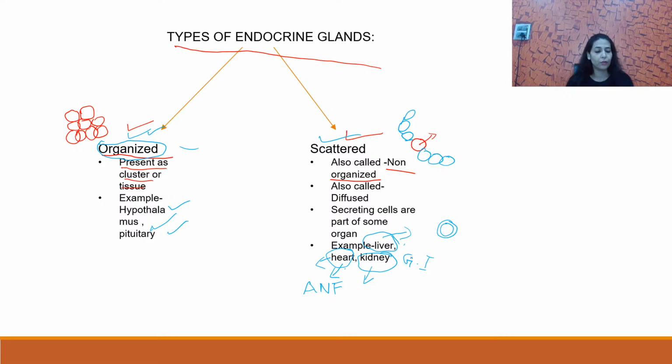You have learned about these hormones in digestion and absorption. The entire intestine doesn't produce hormone, but in the lining of the intestine, some cells, any one of them, will start producing. So this acts as diffused, scattered or non-organized. Other names for scattered are non-organized and diffused.